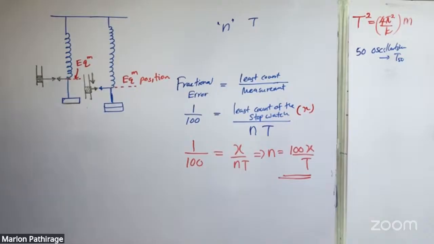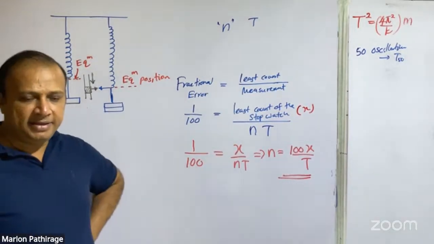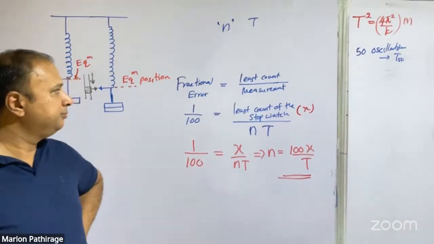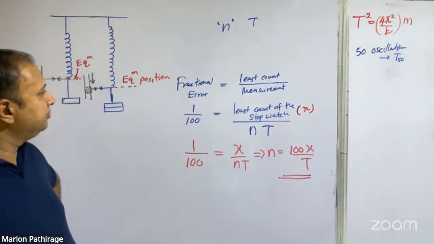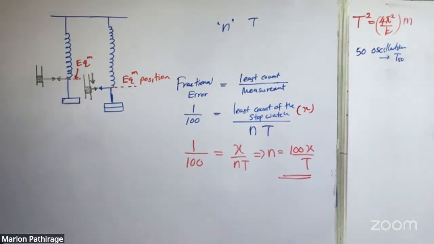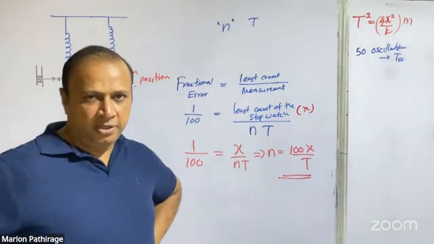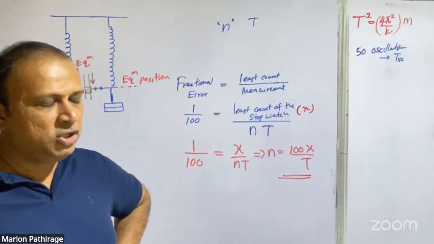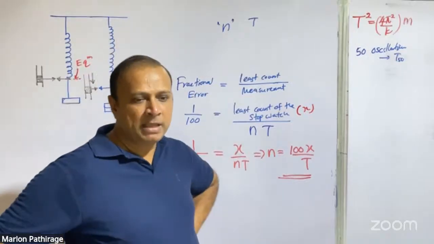Then add another mass. Then add another mass to the mass holder. Then the equilibrium position will go down.